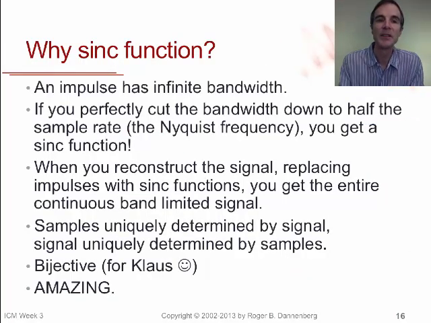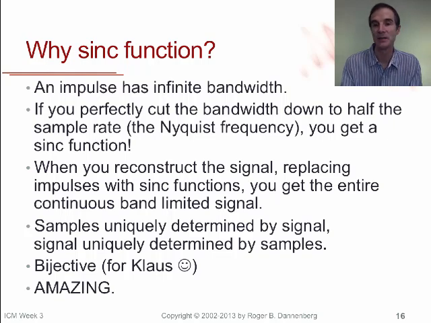So why the sinc function? Well, an impulse has infinite bandwidth, and if you perfectly cut the bandwidth down to half the sample rate, you get a sinc function. So when you reconstruct the signal, replacing the impulses with sinc functions, you get the entire continuous band-limited signal up to half the sample rate. Samples are uniquely determined by the signal, and the signal is uniquely determined by the samples.